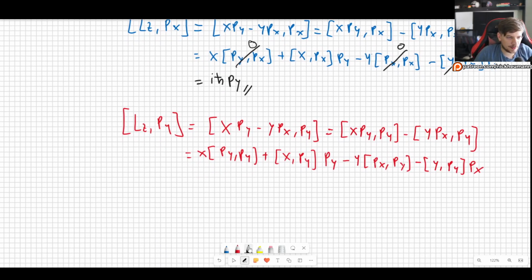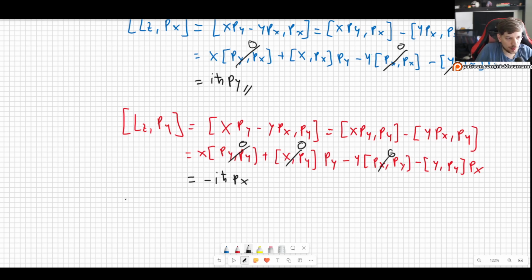Okay, so again, momentums here, they commute, this commutes. Here we have delta ij, they are different, so this is 0. So the only non-zero part comes from this here, iℏpy, so there we get minus iℏ bar px.